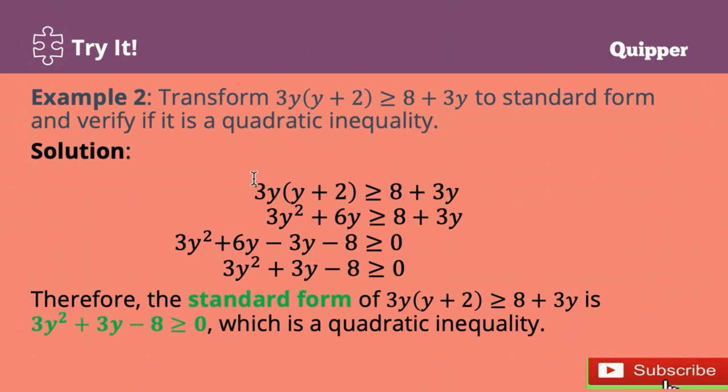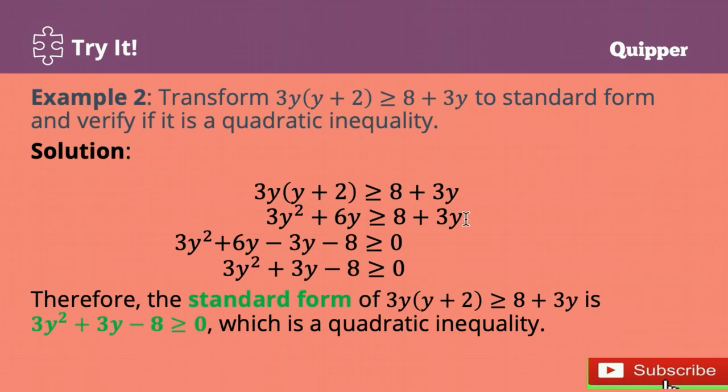We need to simplify first the left side of the inequality, because that is in factored form. 3y times y, we have 3y squared. 3y times positive 2, we have positive 6y. Then just copy, is greater than or equal to 8 plus 3y.